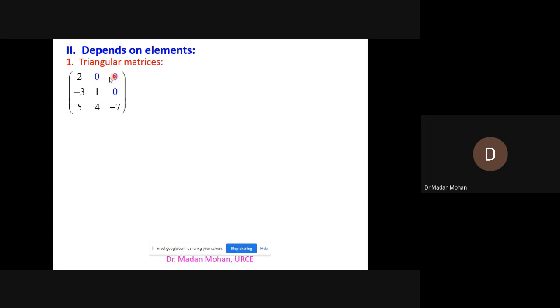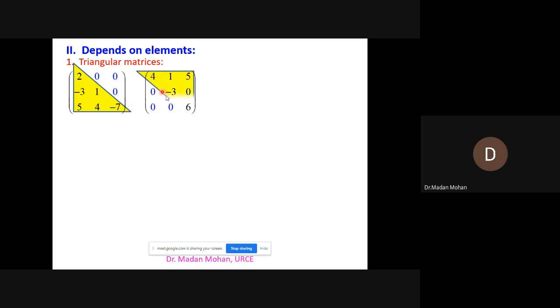Here, these blue colored entries are zeros, meaning there is no information here. Your information is entirely within this triangle. And in another one, your information is within this triangle. Your entire information is within this triangle. It looks like a triangle. There is no information here. We call it a triangular matrix.